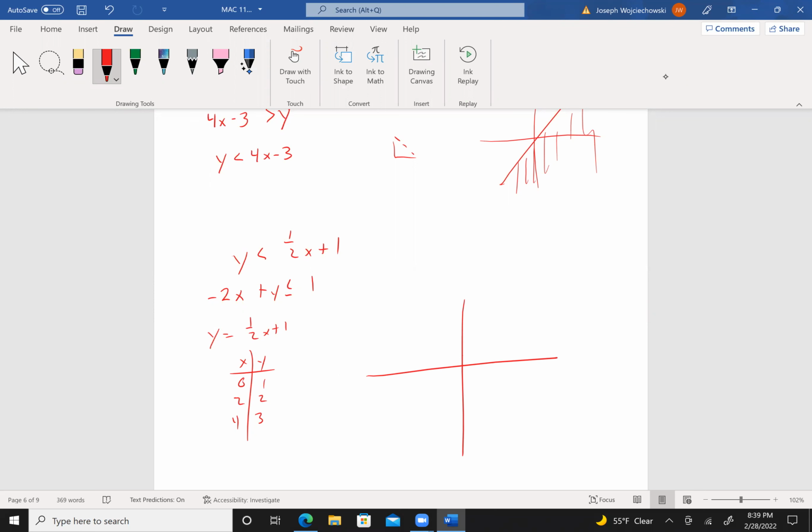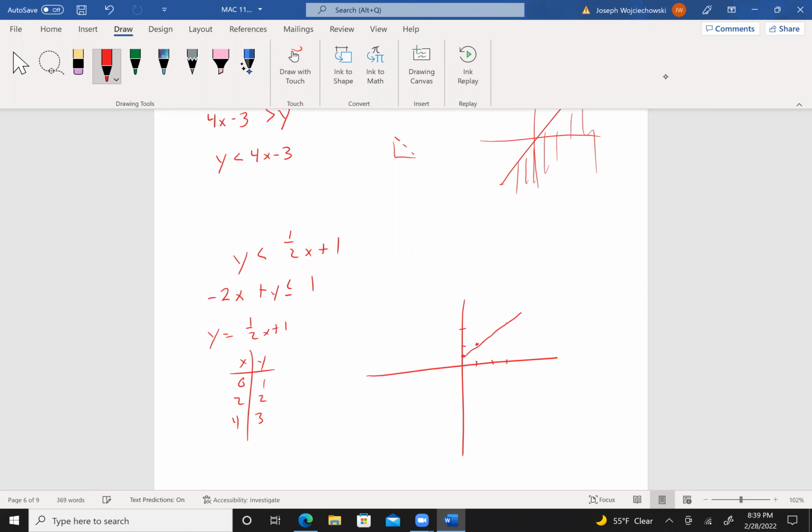So 0, 1; 2, 2; 4, 3. So this is our line.